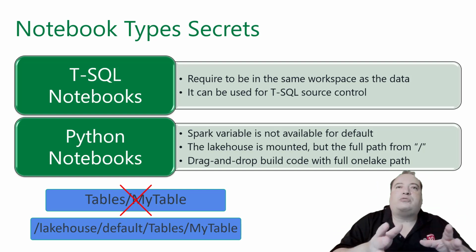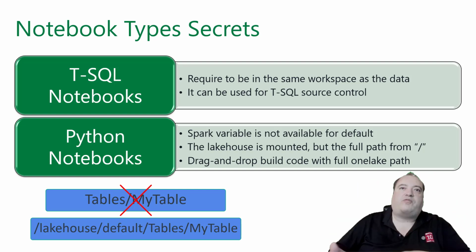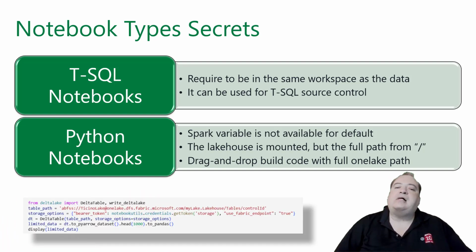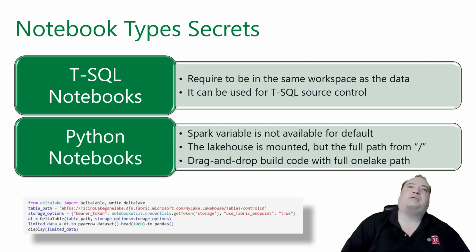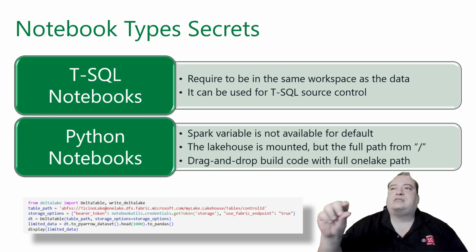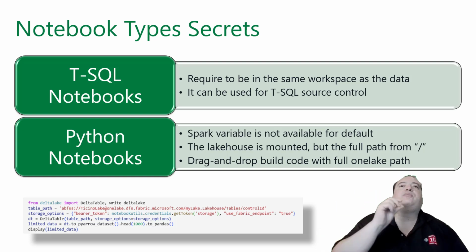Root, lakehouses, the full, and files or tables. You need to use the full path. And drag and drop builds a completely different code. Drag and drop in a Python notebook use the delta libraries. The libraries used to manipulate delta tables. And using the delta libraries, it used the full address of the lakehouse in OneLake.